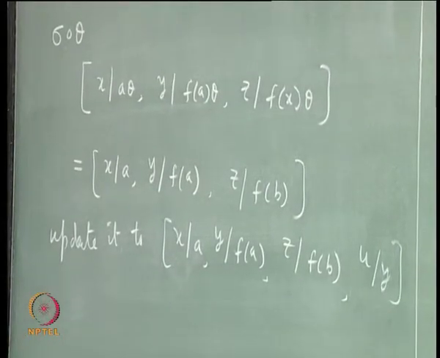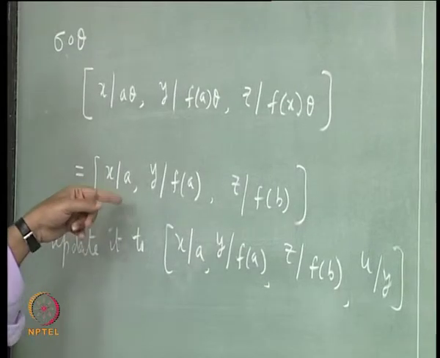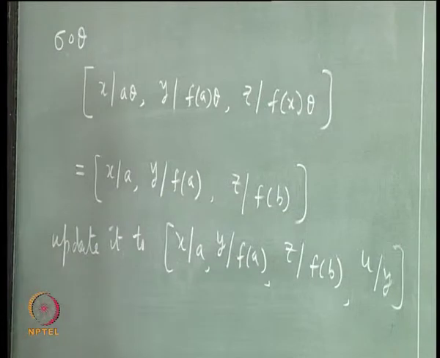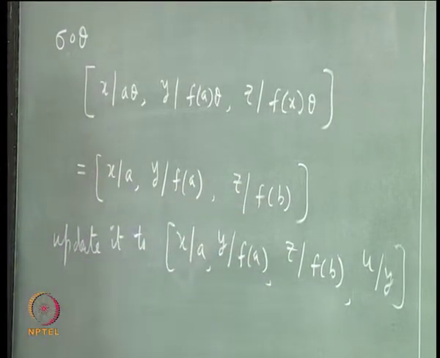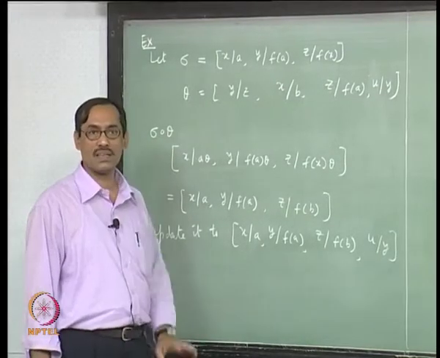Okay. Now, you have to delete all those things which are repetitions: x by a, y by f a, z by f b, there is no repetition here, right. Had it been z by z, then you would have to remove it, otherwise leave it as it is. So, this is your sigma composed with theta.